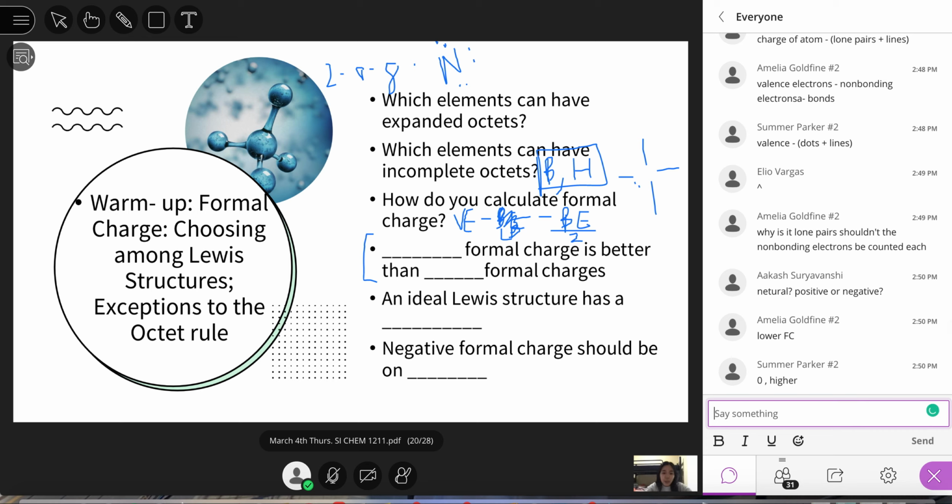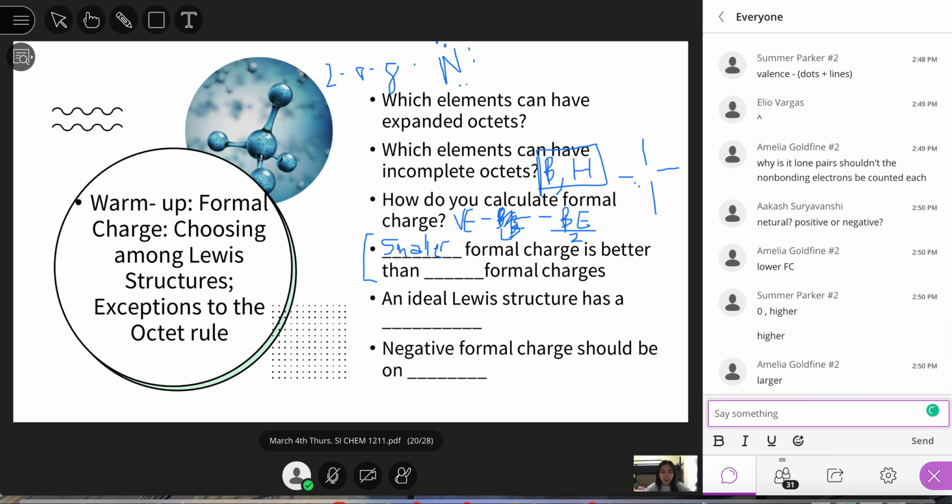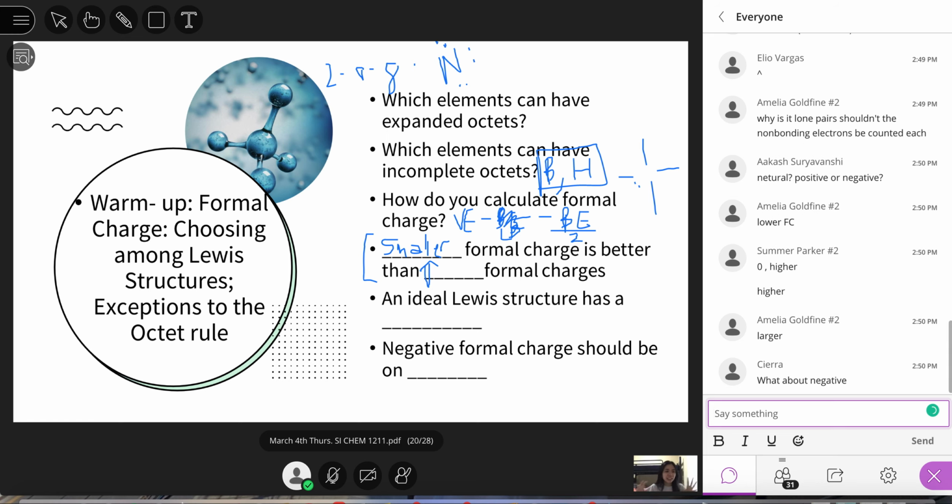Smaller formal charges are better than larger formal charges, exactly. If you have a larger formal charge, it's not as accurate as having a 0, because if it's 0, that means it's the most ideal, it's the best Lewis structure, best resonance structure. Not negative. If it's negative, that's also not good.